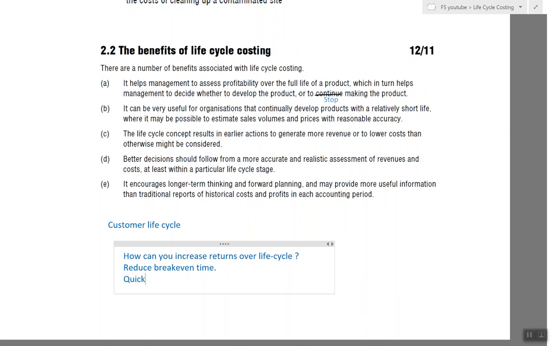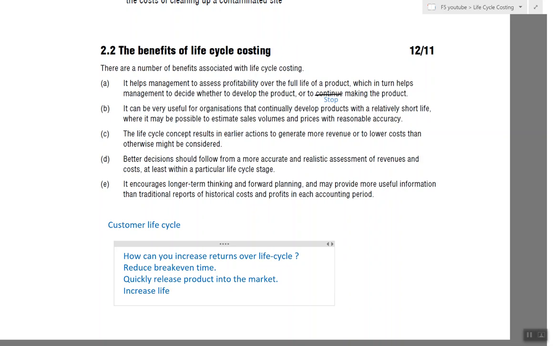Another thing is to quickly release the product into the market. Don't wait. Maybe a competitor realizes that you are making a certain product and they make the exact same product, and before you release it into the market, they release it into the market, so you will not be able to make profit on it.